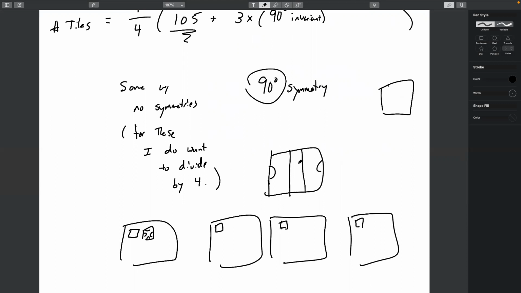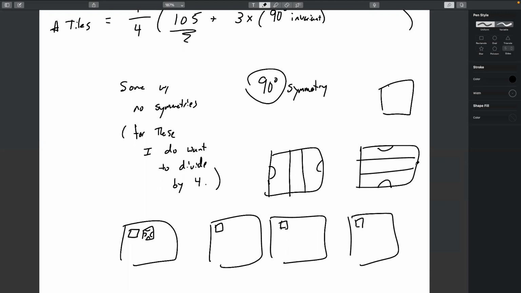Okay, well, when I'm counting how many of these guys there are, basically, since there's two symmetries, I'm going to want to double it because there's going to be this one and there's going to be this one.